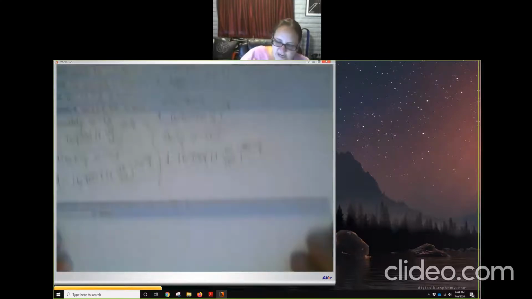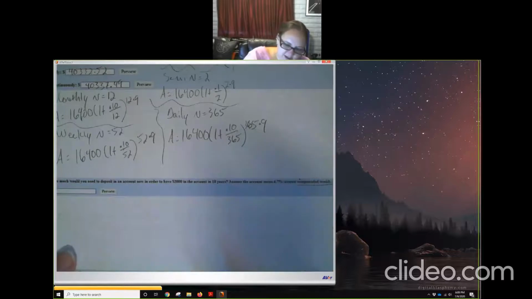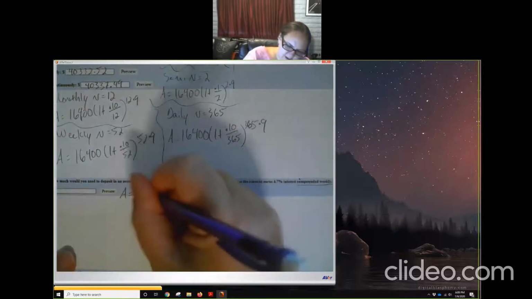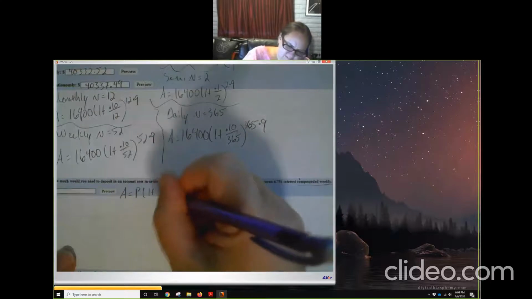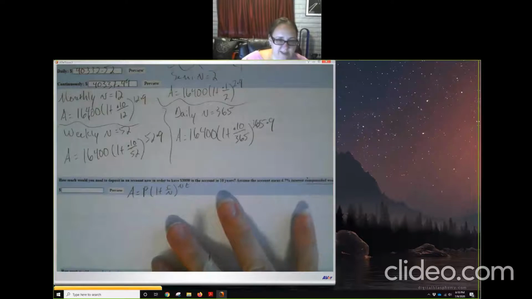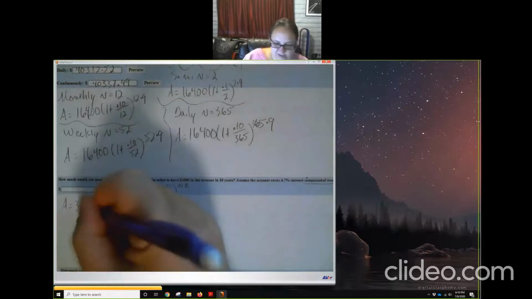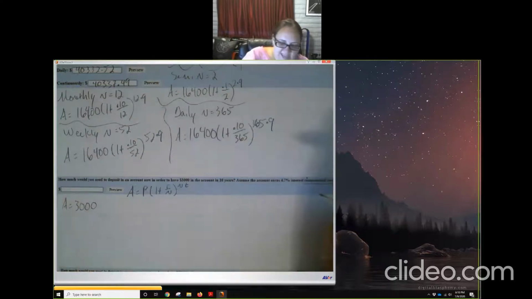Okay, so for the next one, compounded weekly means I'm going to need this formula. And let's see what we know. How much would you need to deposit into an account now in order to have $3,000 at the end of 10 years? So that means that my A value is 3,000.